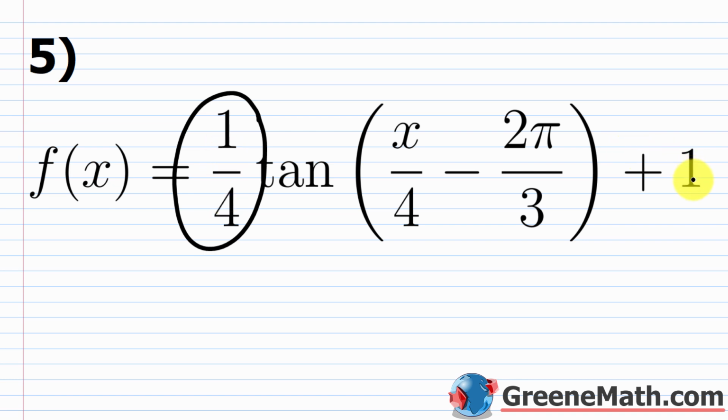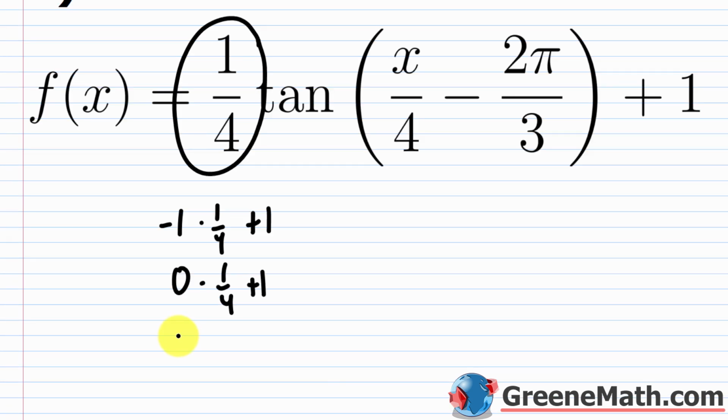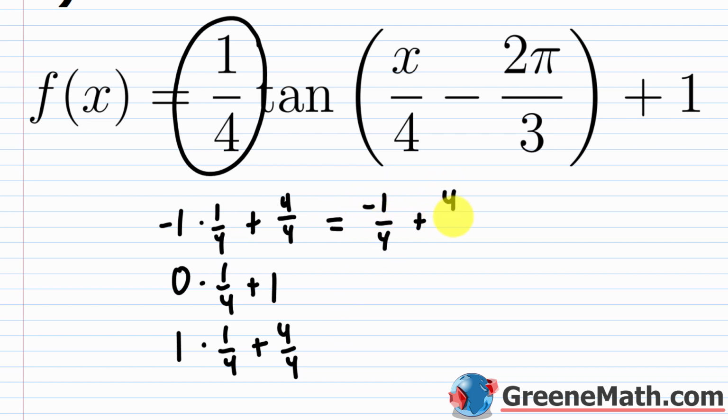Then you're adding 1. So what I would do is take, again, you have -1, 0, and 1. So -1 times a fourth, and then plus 1. Then you can have 0 times a fourth, and then plus 1. Then you're going to have +1 times a fourth, and then plus 1. You might as well write this in each case. Well, not this one, because it's not going to matter. But this is 4 over 4, and this is 4 over 4, so you have a common denominator. So this would be -1/4 plus 4 over 4.